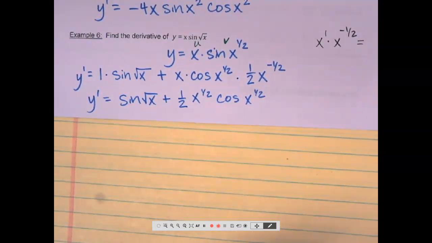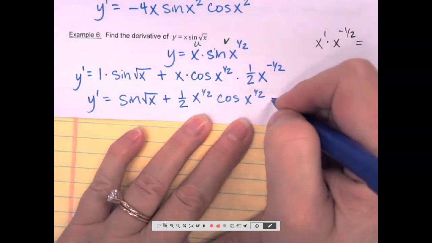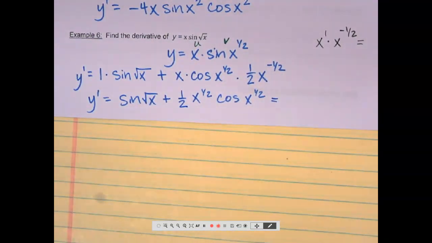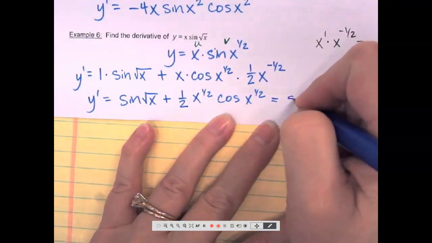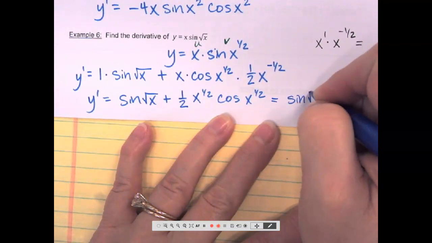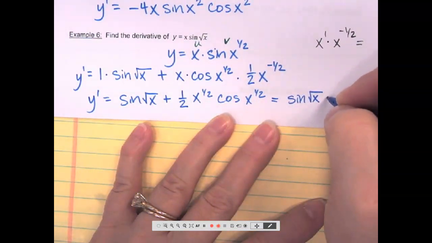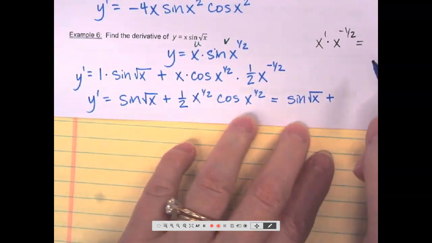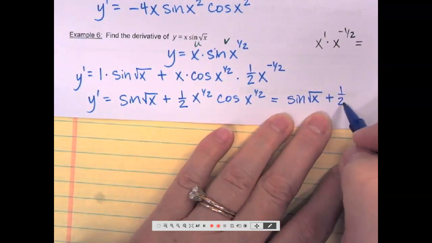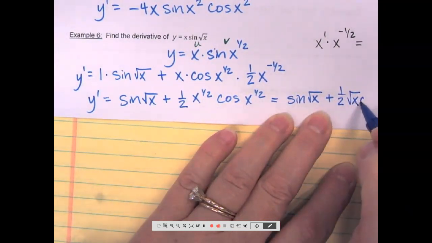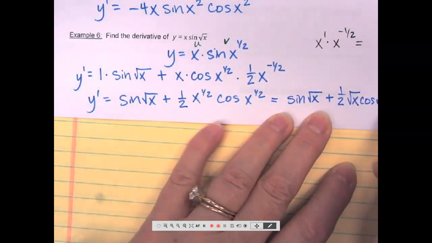But what if I just change the x to the 1/2 to square roots? Would that look neater? I kind of think it might, but let's see. Plus 1/2 square root x cosine square root x.